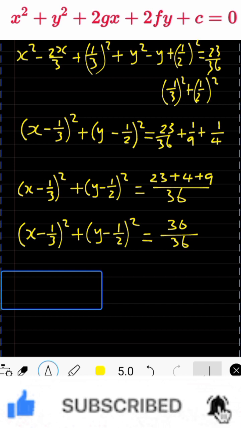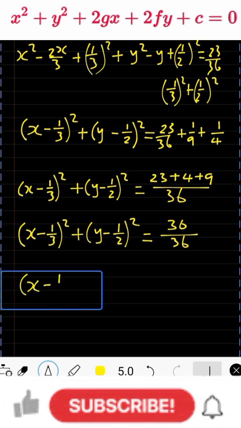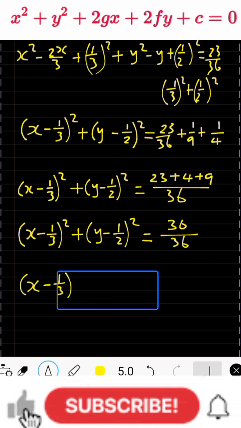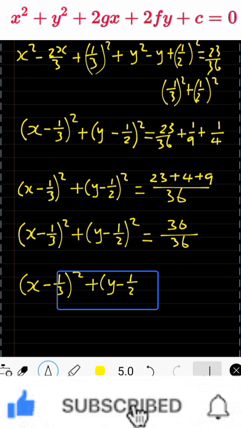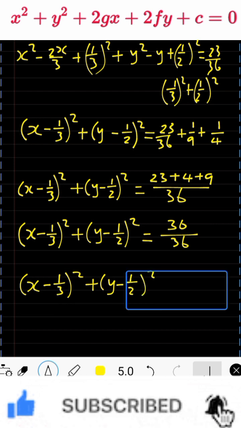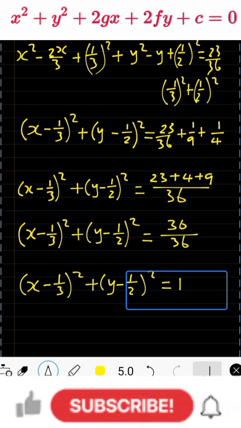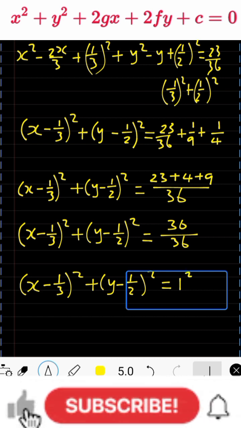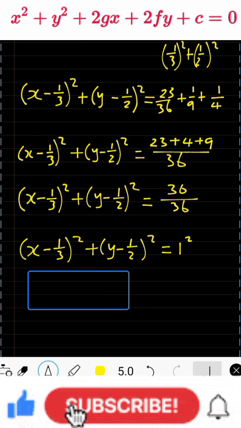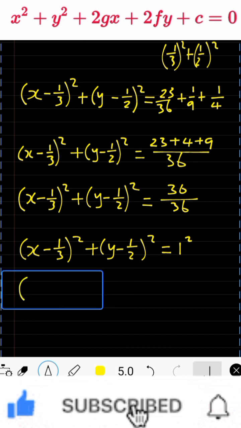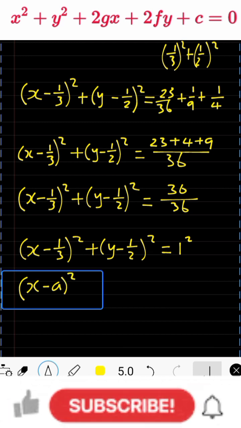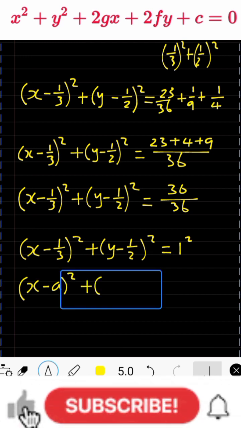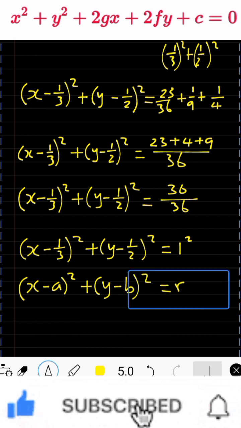Therefore, our expression becomes x minus 1 over 3 squared plus y minus 1 over 2 squared is equal to 1. We can as well write it as 1 squared, which is 1. So we can now compare this with the equation of a circle, which is x minus a squared plus y minus b squared is equal to r squared.